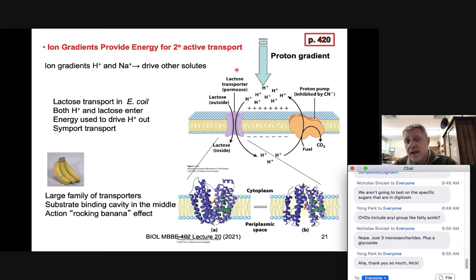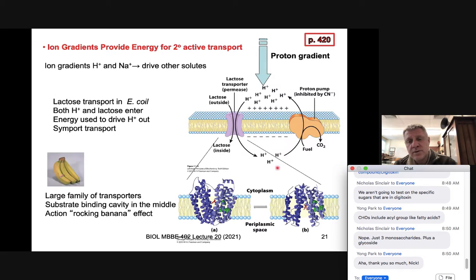And we can see the capacity of this lactose to be selectively moved through the channel only with the movement of the resulting proton. Because of the high proton gradient, the protons are going to quite happily move through to try and get to equilibrium, but importantly, they're also going to carry with them the lactose. So lactose transport in E. coli moves both the proton and lactose into the system with a co-transporting component.